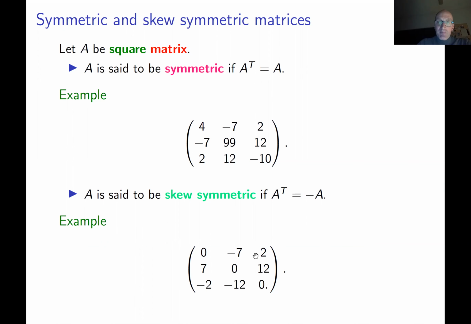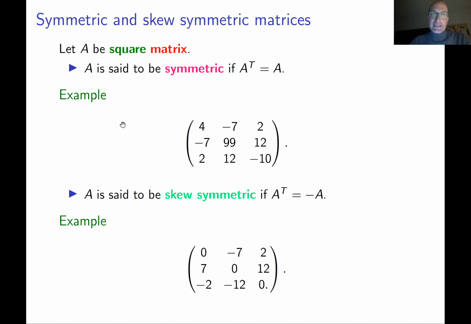If you look at this example, it's clear what it means for a square matrix to take its transpose. You flip the entries of the matrix around the diagonal, like a reflection in the diagonal. If you reflect this matrix in the diagonal, you get the same matrix.